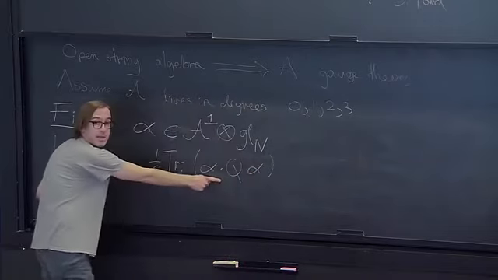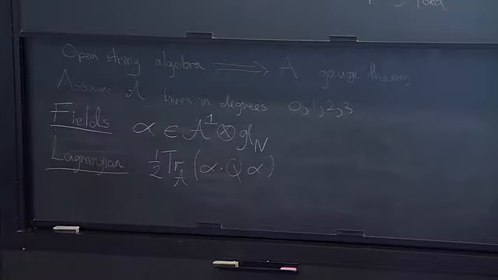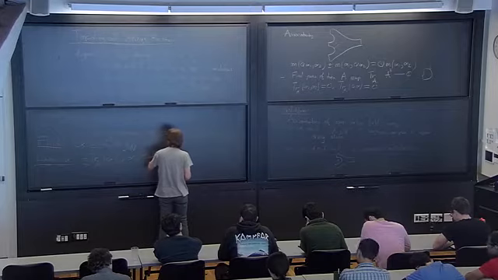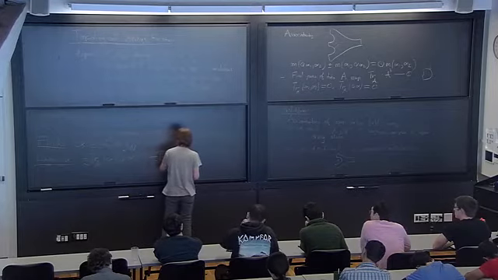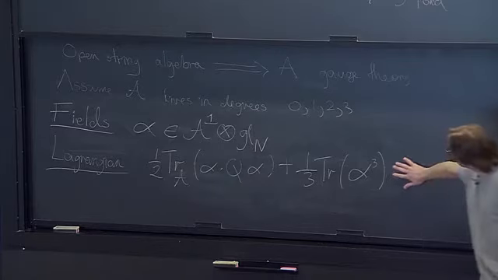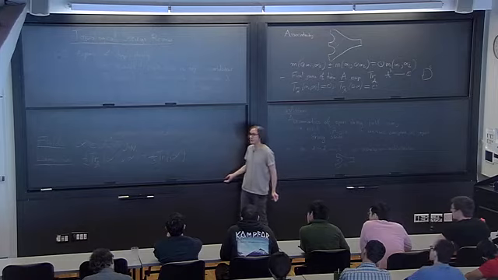Here we're using the multiplication in the algebra, which is part of the data. I'm not calling it M, I'm just writing it by juxtaposition. So 1/3 trace of alpha cubed. You might recognize this as a Chern-Simons type Lagrangian.